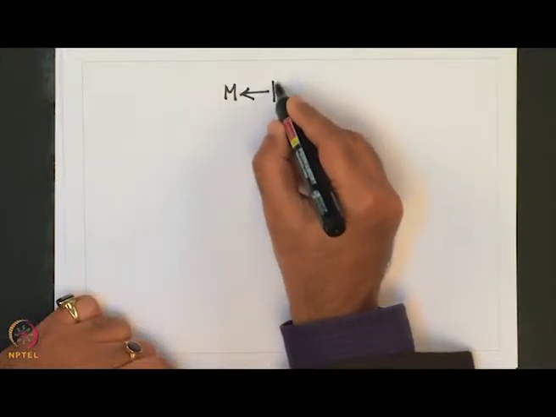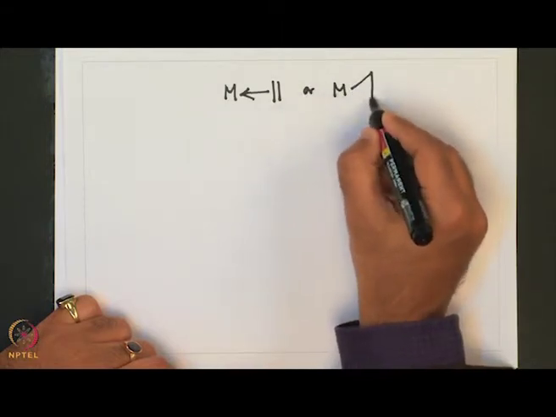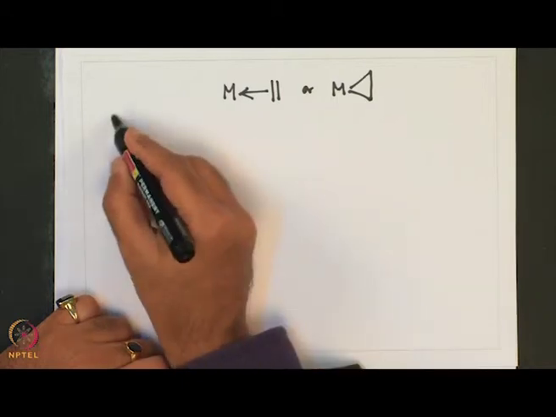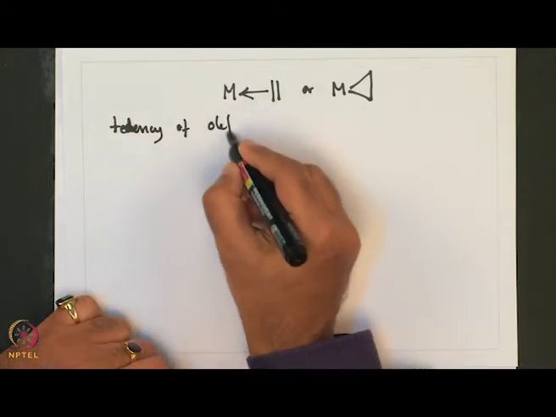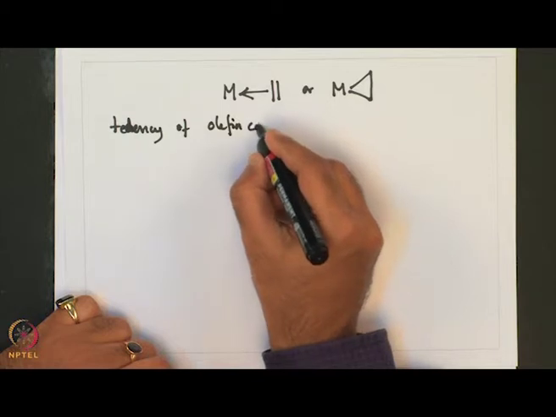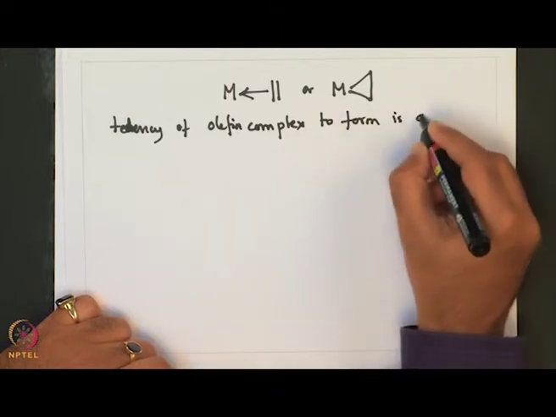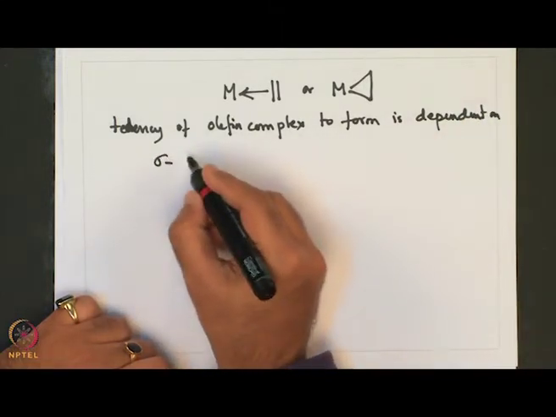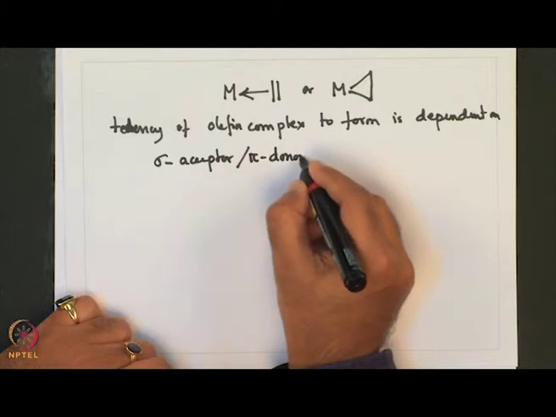Now, what came out from the earlier discussion is that transition metal olefin complex formation is dependent on the sigma acceptor and pi donor properties of the metal. So, for example, in a structure like this, when the back donation is maximum and a metallocyclopropane is formed, to what extent the tendency of the olefin complex to form is dependent on the sigma acceptor or pi donor property of the metal.